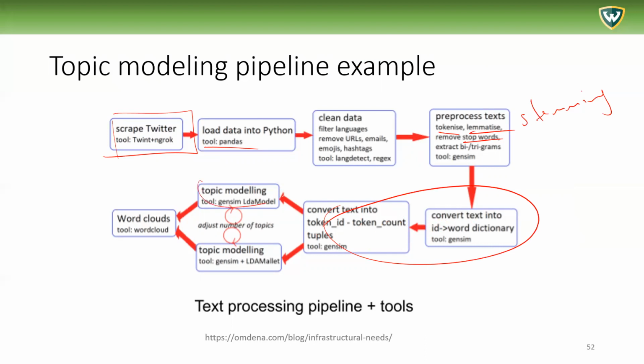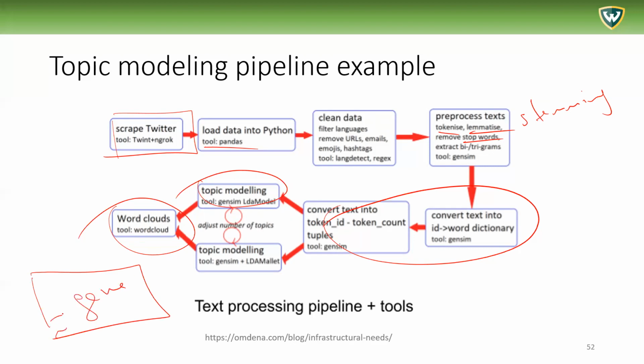And then we actually apply the LDA model itself to this numeric conversion of the data to develop the list of topics, which can be things like a word cloud. When you see word clouds, this is a kind of topic modeling approach.